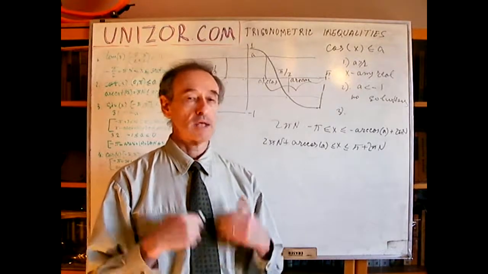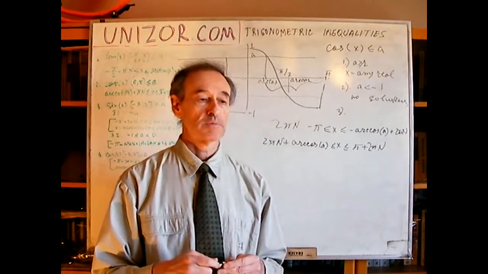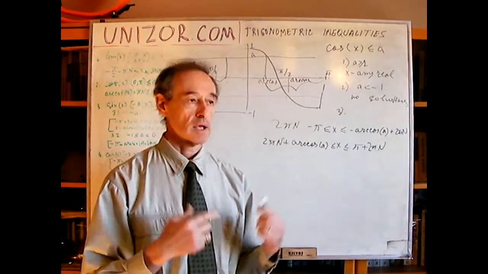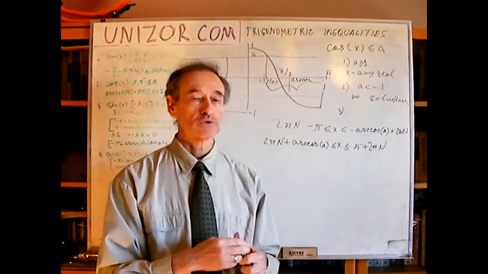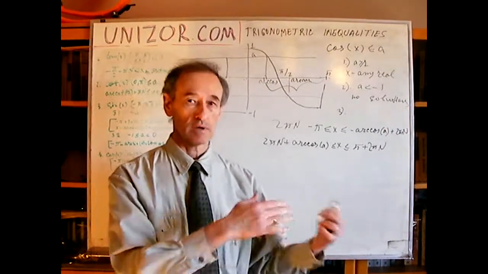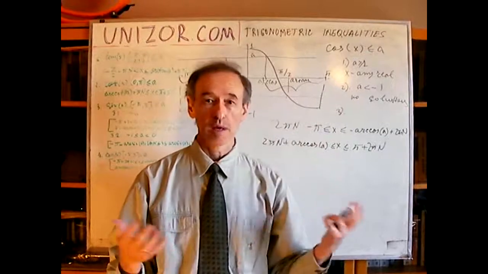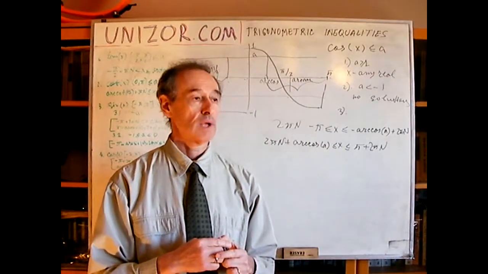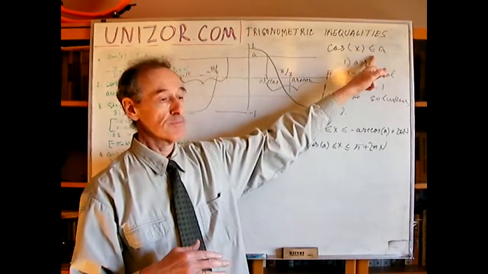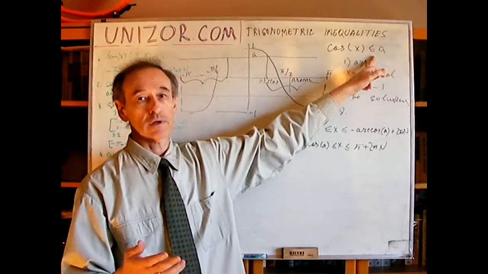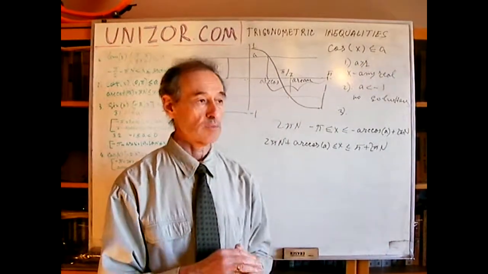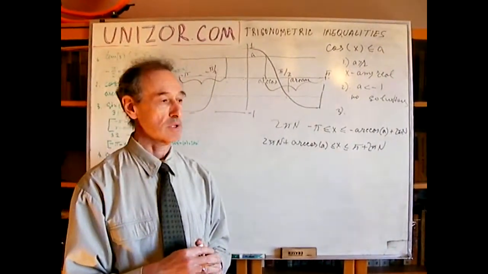Then we have analyzed the behavior of the functions tangent, cotangent, sine, and cosine, and investigated how to find exactly the values where these functions are less than or equal to some value. And as I said before, transferring this to another inequality like greater or equal or strictly less is trivial, so I'm not going to spend time on this.